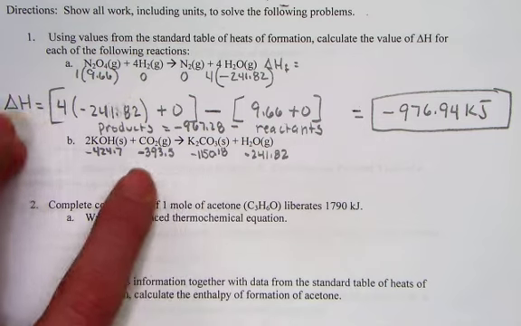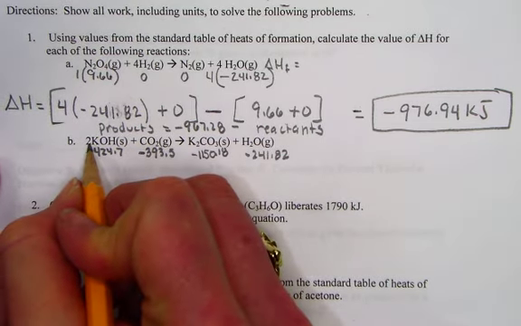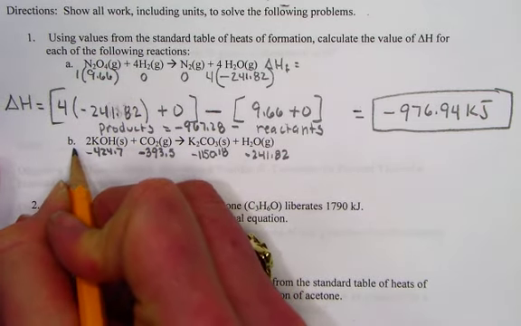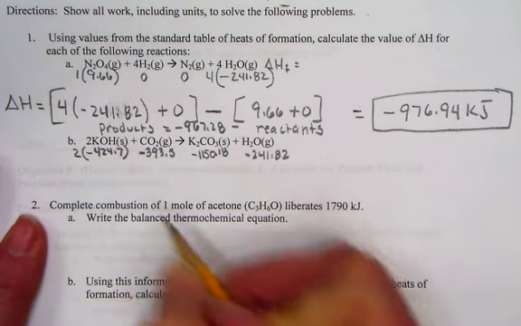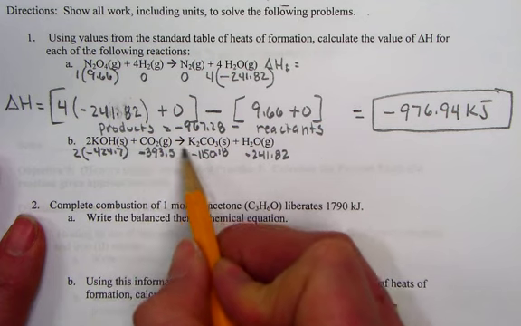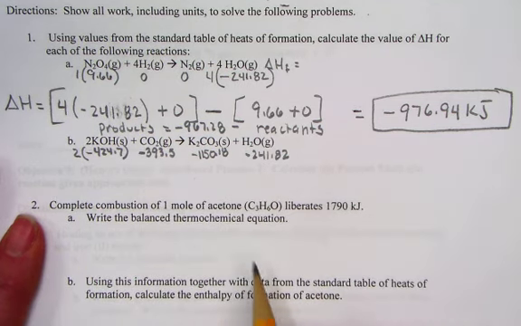Products minus reactants. Remember to distribute through any coefficients. Now the first reactant had a coefficient of 2. We'll need to distribute that, making it twice as large. The other coefficients are all 1s. We're good there.